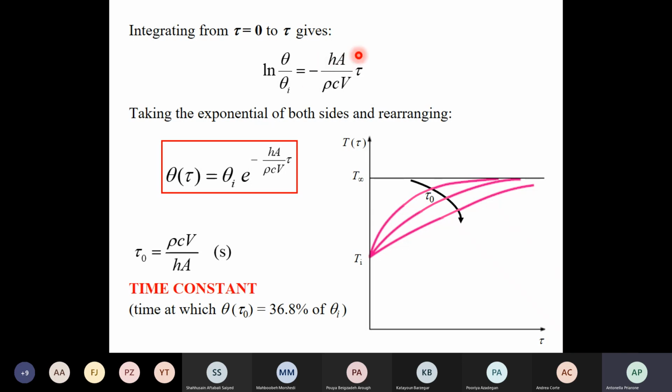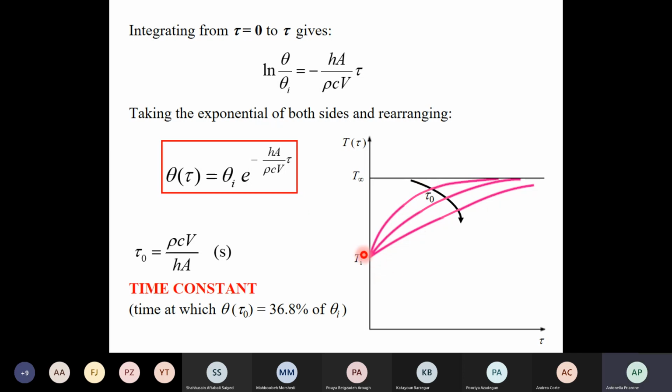Taking the exponential of both sides and rearranging, okay, I take the exponential on this side and I obtain this one, and then I multiply by theta I on the right side, and I take the exponential of this side, I obtain this one, that allows us to obtain the temperature profile as a function of time of my body.